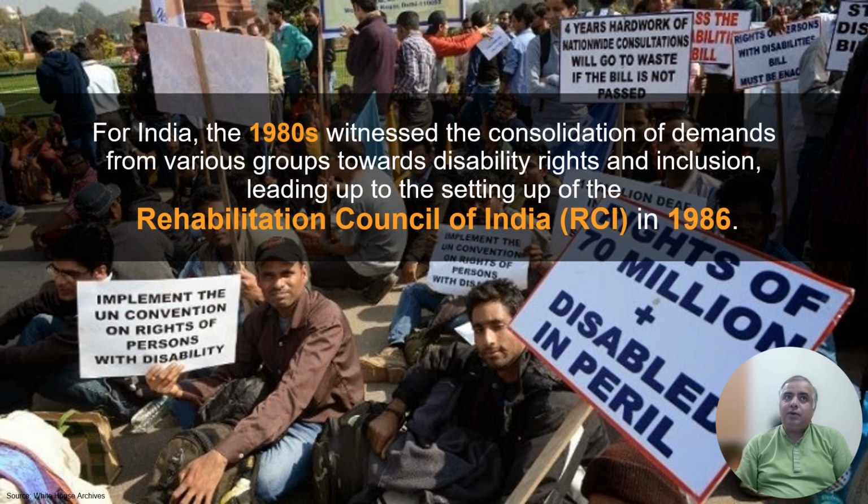For India also, the story was not much different, but 1980s witnessed the consolidation of these demands from various groups towards disability rights and inclusion, leading to the setting up of Rehabilitation Council of India in 1986.